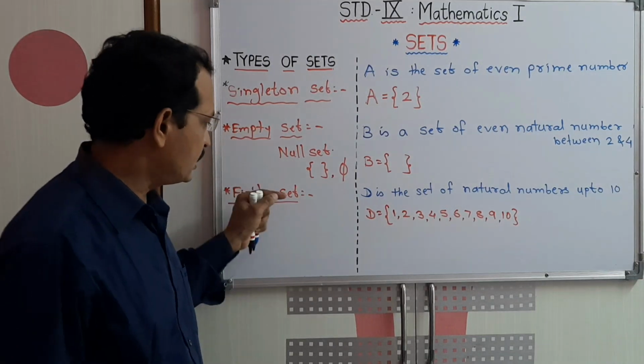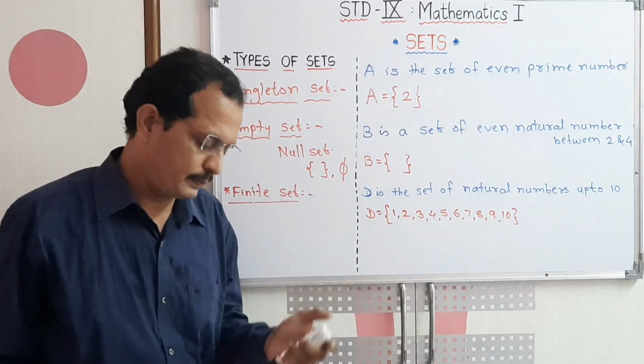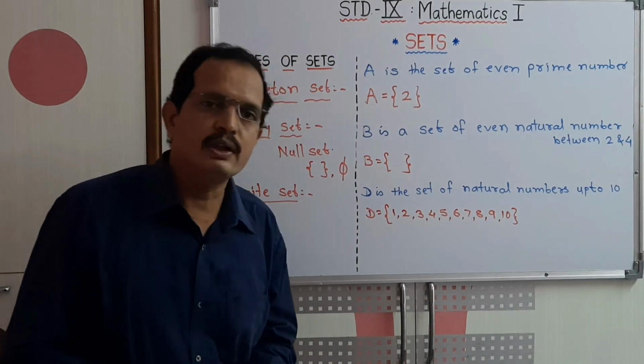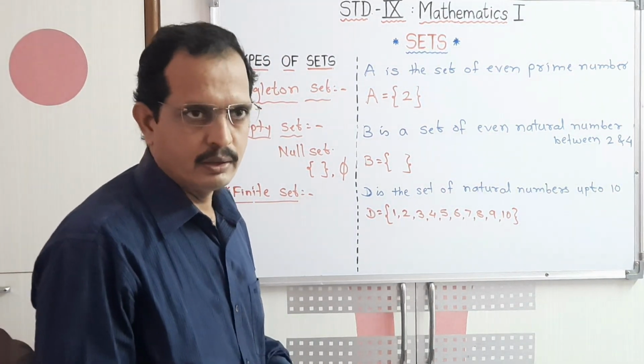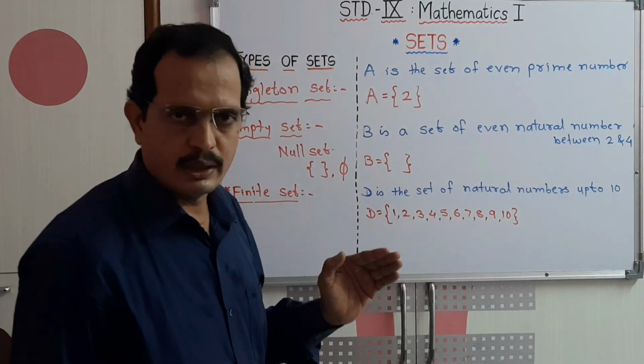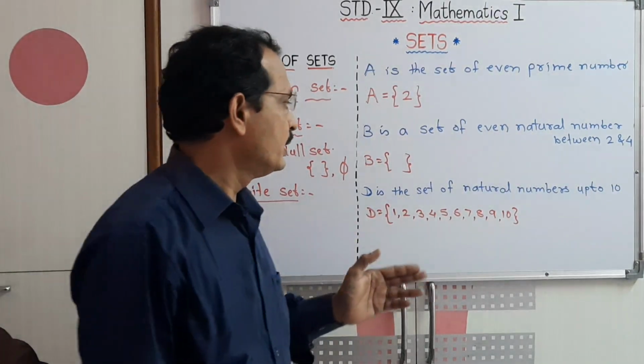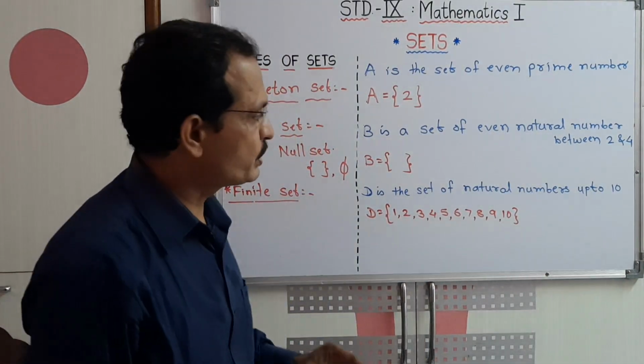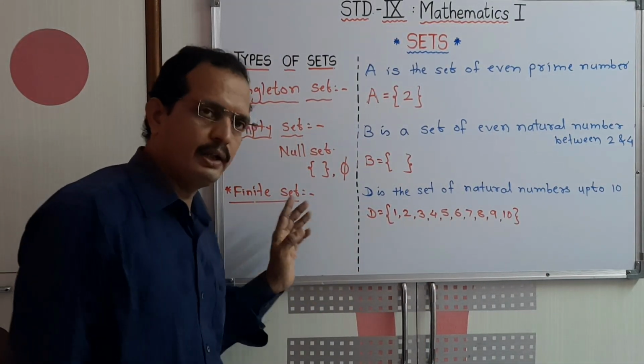An empty set is also a finite set. Now suppose I have to write the even numbers between 1 to 10. The even numbers between 1 to 10 are also limited and countable. Therefore such a set is called a finite set.